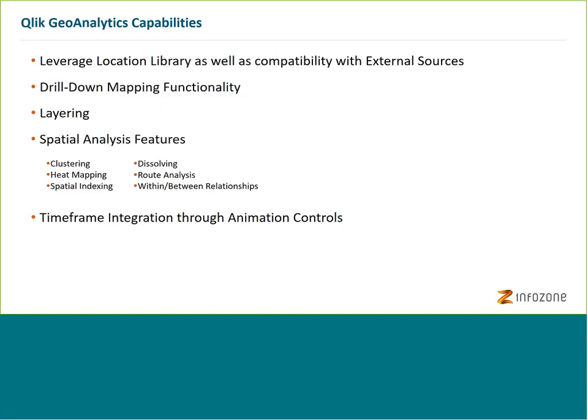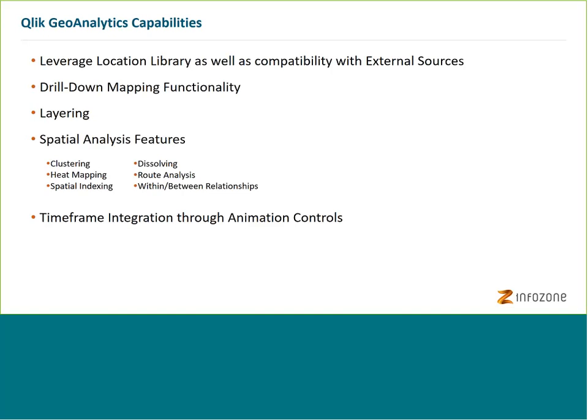We can utilize this through layering, which is a common feature in most mapping software, but it's really nice paired with the associative model, where you can drill into these layers just by making selections. And it's all reflected in one actual map object connected to different layering objects.